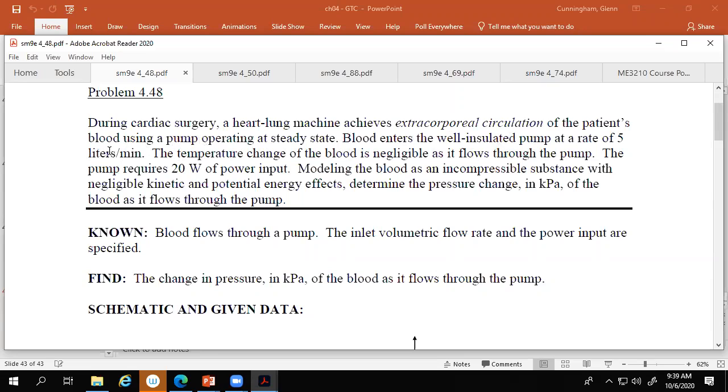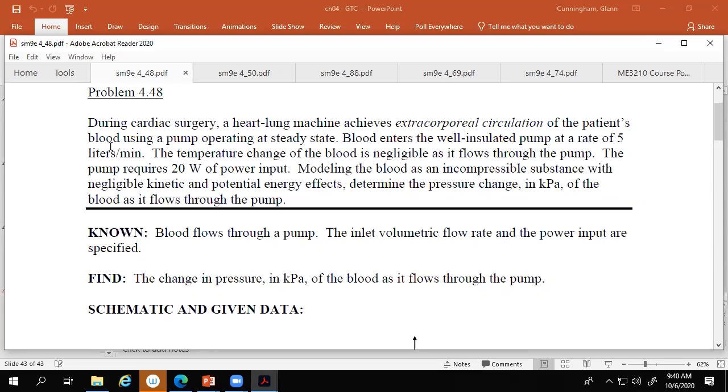Liters is volume. So anytime you get a flow, you should pay special attention. Are they giving me volume flow or mass flow? We have gallons as volume, liters as volume. We can disguise volume in lots of different units, and some people may not be clear that gallons is volume.